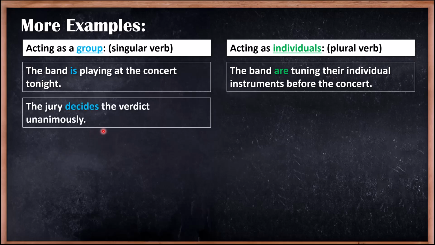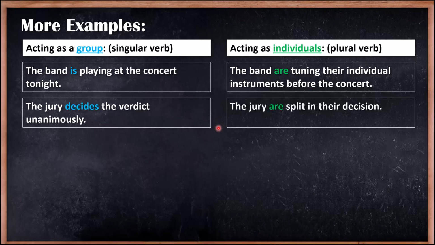The jury decides the verdict unanimously. Here, we're referring to the jury of a court, and they've decided he is guilty. They've made this decision as a group, as a single unit. Let's compare that with this sentence. The jury are split in their decision.